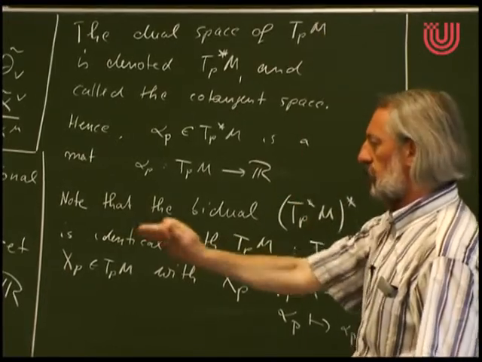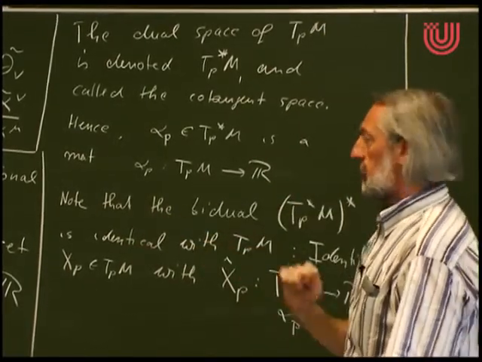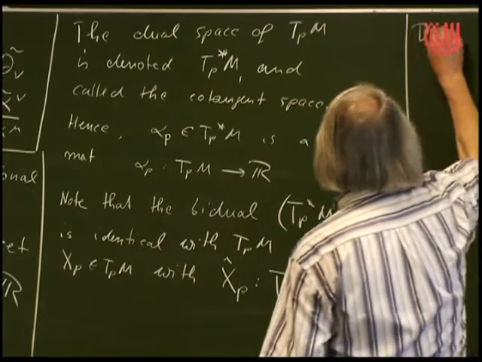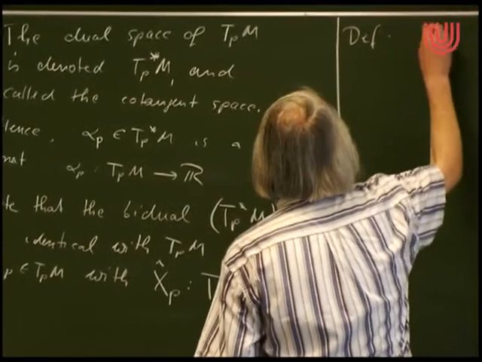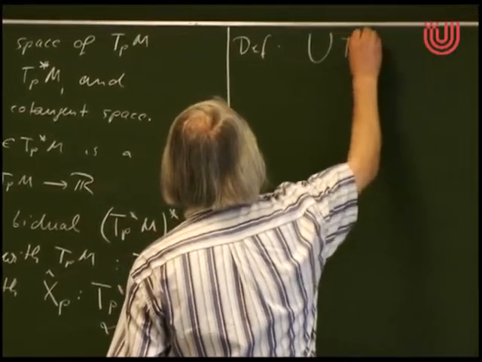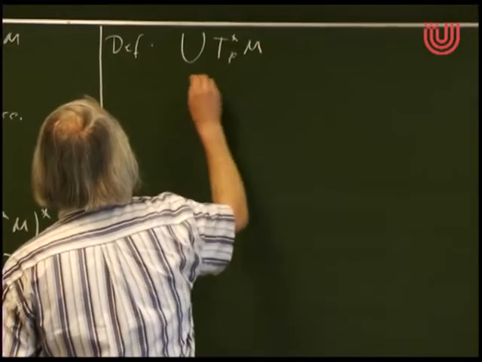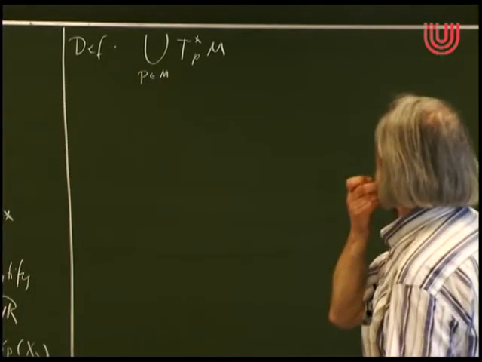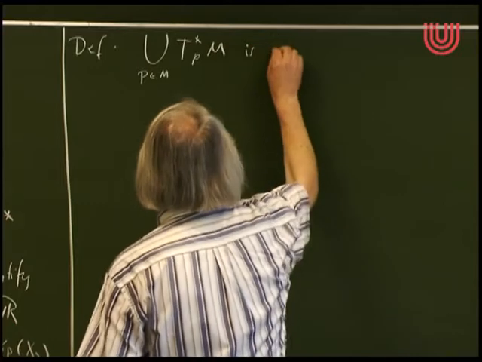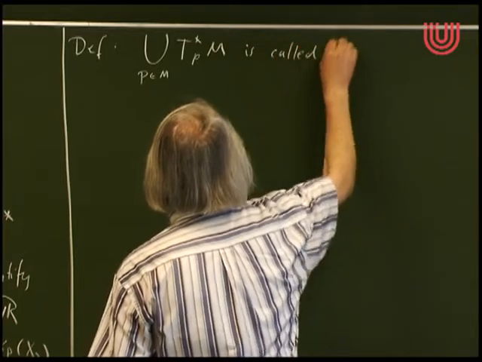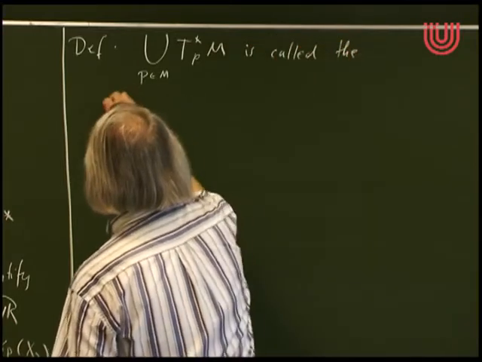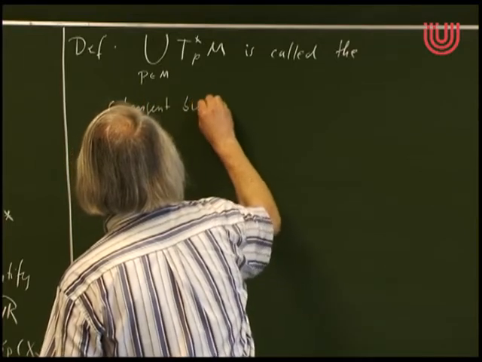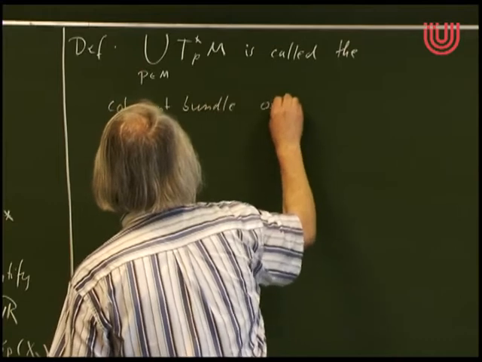This was the union of all the tangent spaces sitting at any point in the manifold M. And we define quite analogously now the union of all the TPM star, where the unification is done over the foot point, is called the cotangent bundle over M.